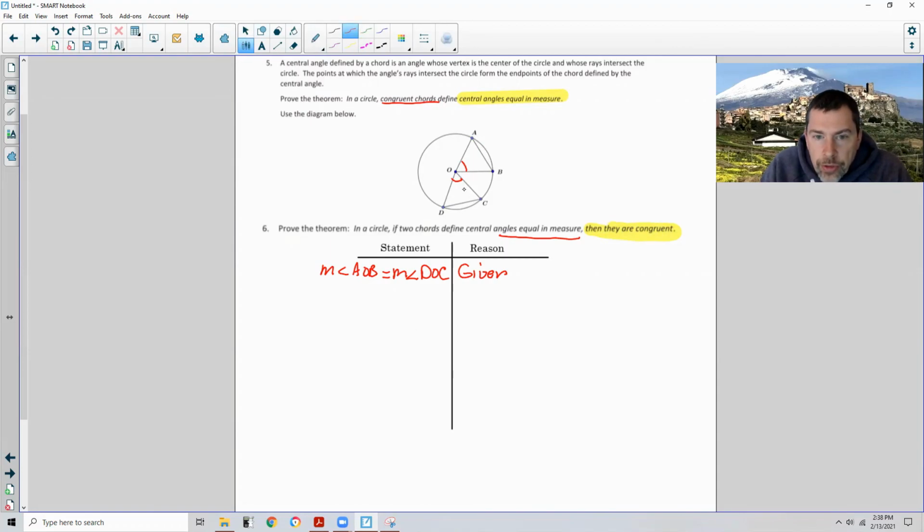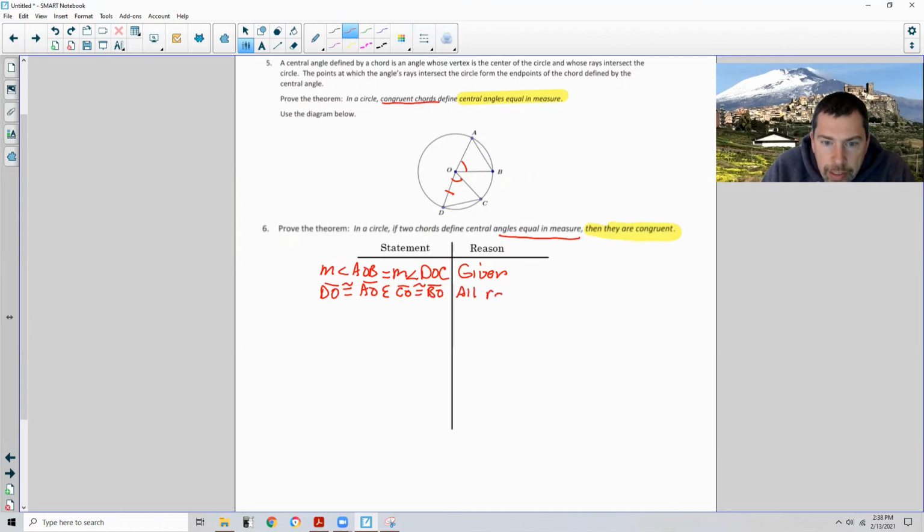The angles are congruent. Then the next thing I can say is, since already I have a circle, DO is congruent to AO, and CO is congruent to BO.